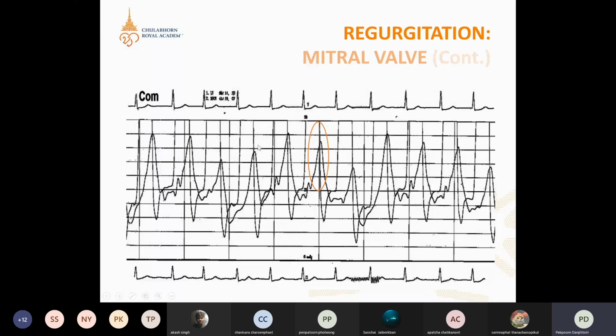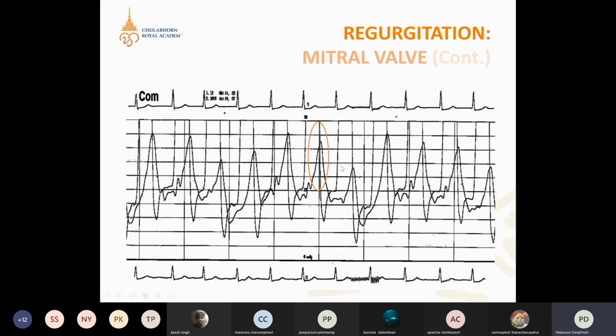So this waveform in the circle could be the V wave, showing you the impact of the mitral valve regurgitation on the left atrial pressure waveform, like this.